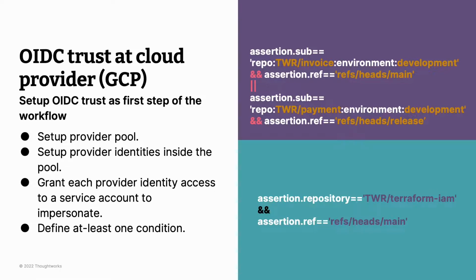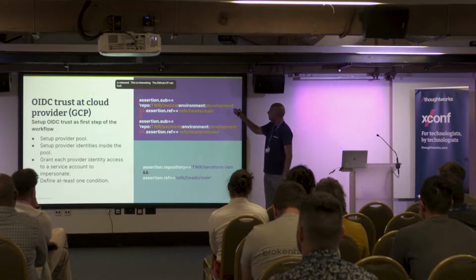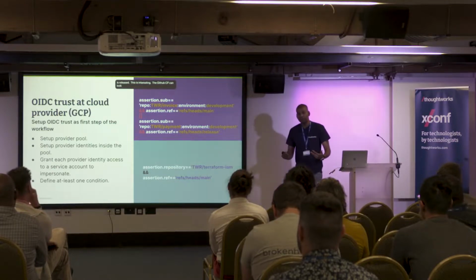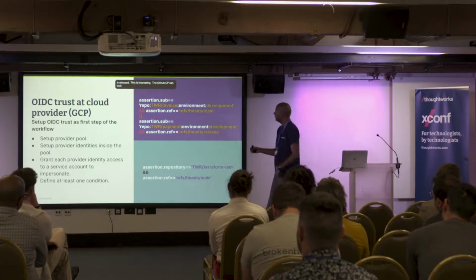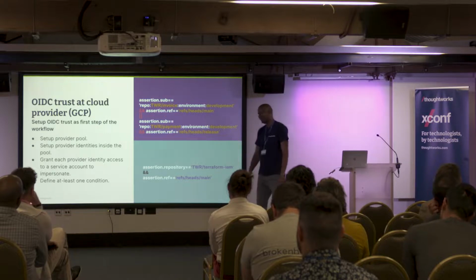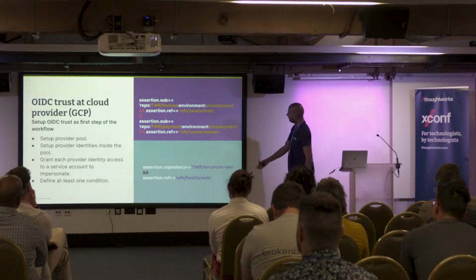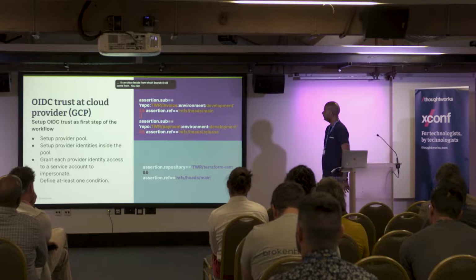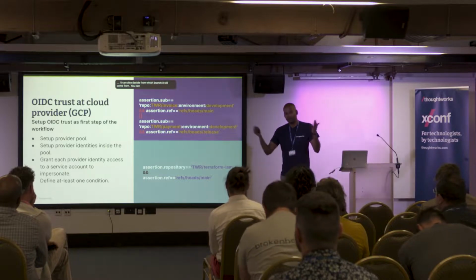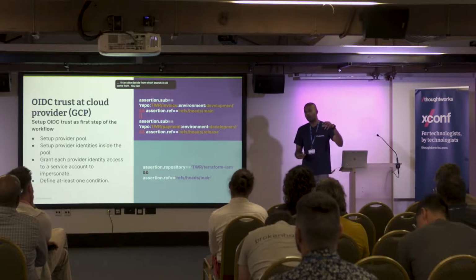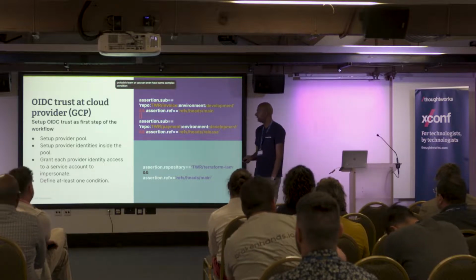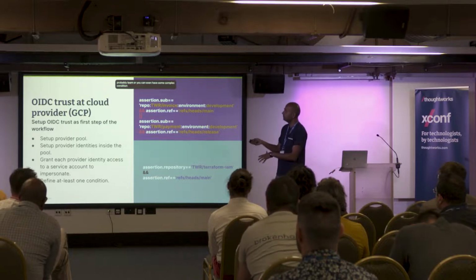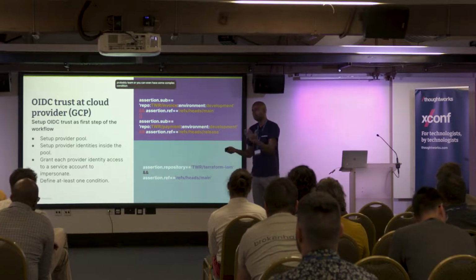GCP can filter requests based on the environments. It can decide whether it wants to allow connection from the development environment or from staging or from production. It can also decide from which branch it wants to allow connection. You can have a simple condition like this one, just a filter on repository, or you can even have some complex conditions depending on what information you get from the ID token from GitHub. Really interesting.